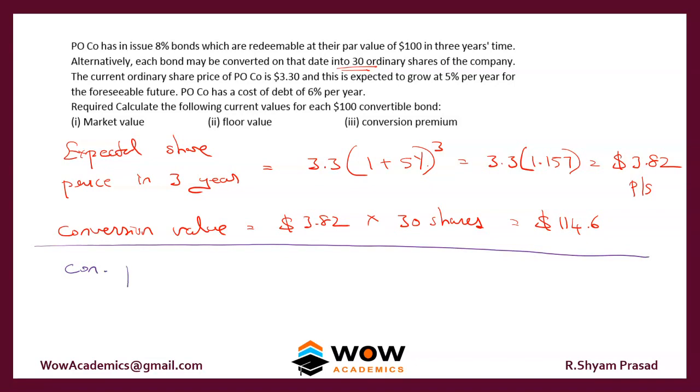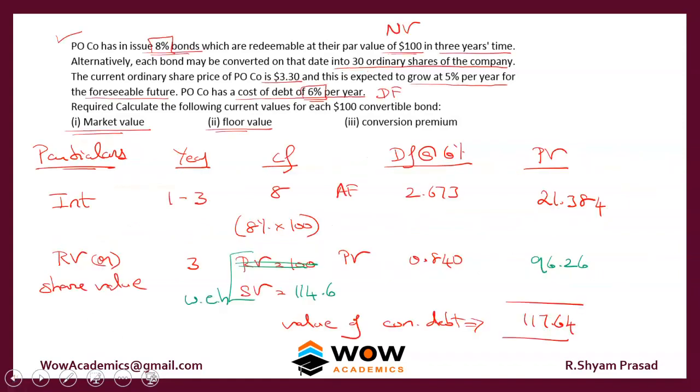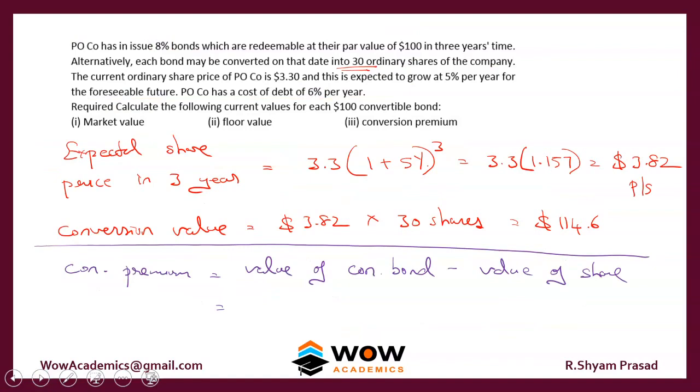Conversion premium equals the value of the convertible bond minus the value of the share. The value of the convertible bond that we found was 117.64, minus the value of shares. Each share is worth 3.3, and we will get 30 shares in the future.